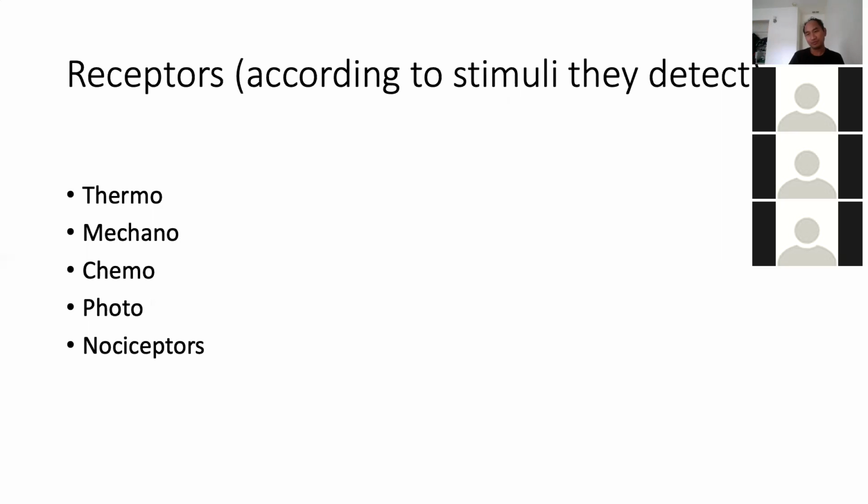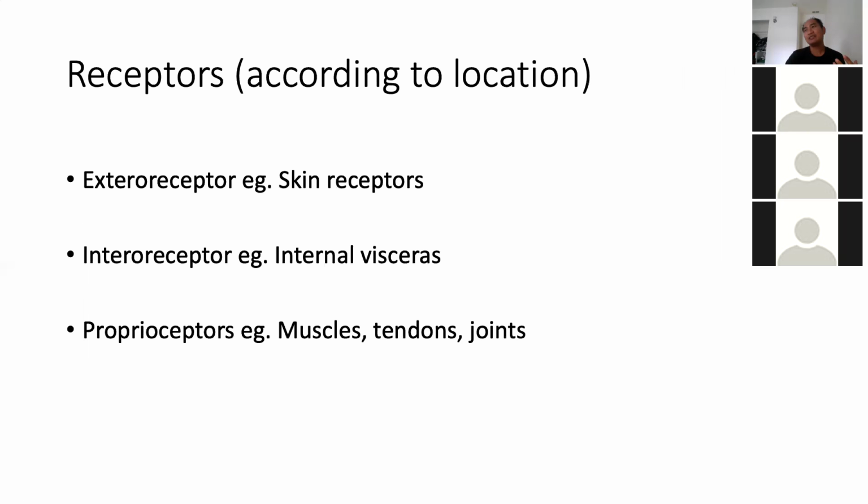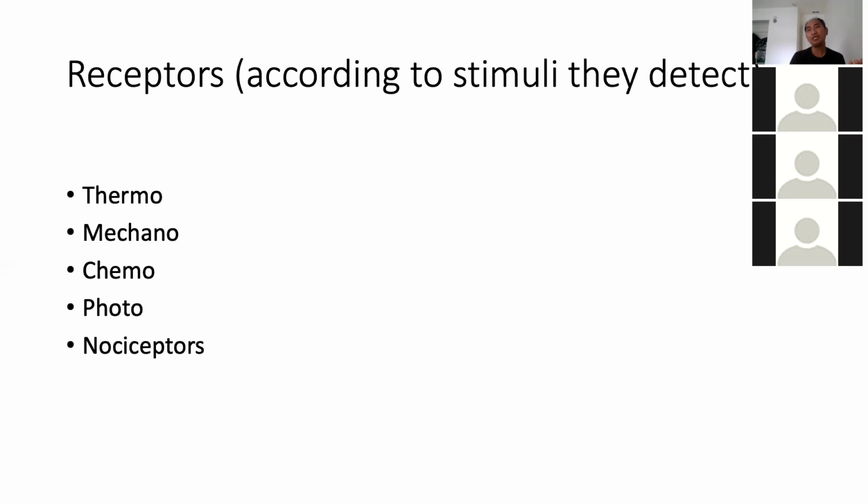That is wonderful. And nociceptors: nociceptor means anything noxious or unpleasant sensation. So this depends on the stimuli they detect, and this depends on where they are. An exteroceptor could be a thermoreceptor, mechanoreceptor, photoreceptor, or nociceptor, and so on.